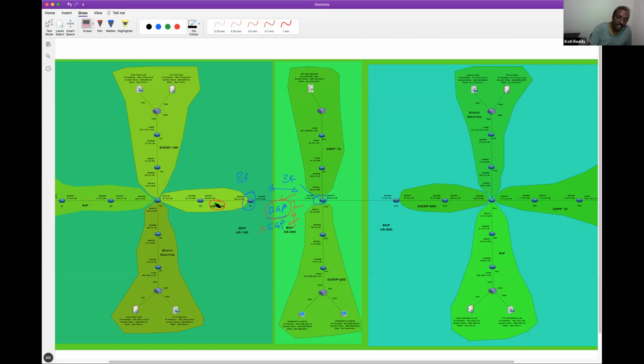So we have seen how to configure RIP, EIGRP, OSPF for AS100, right? Last week we saw how to configure RIP here, how to configure EIGRP here, how to configure OSPF here, how to configure static routes here, and also how to redistribute from one routing protocol to another.